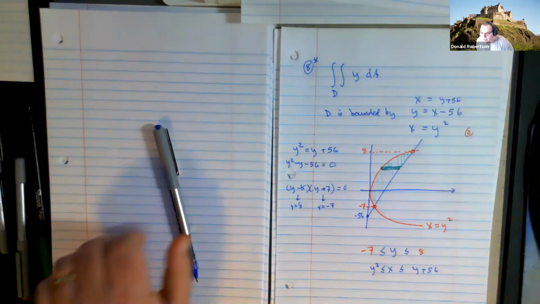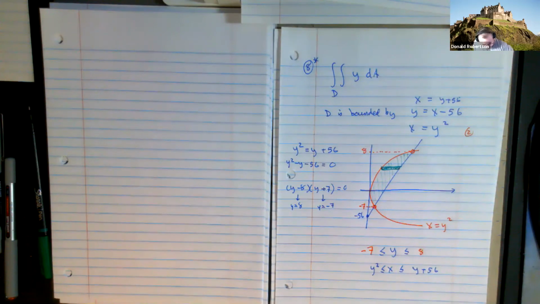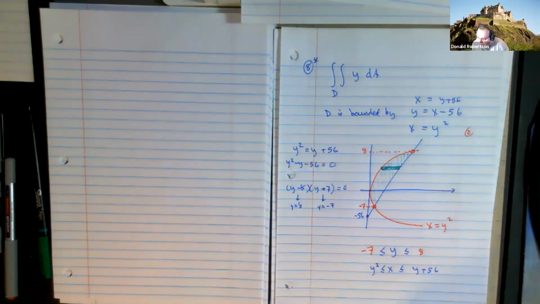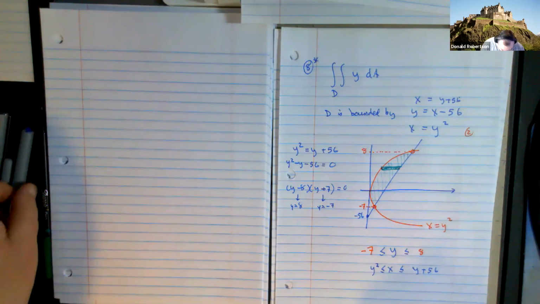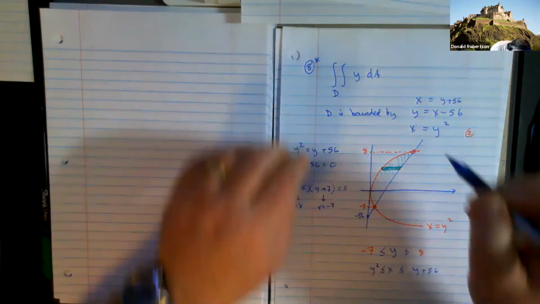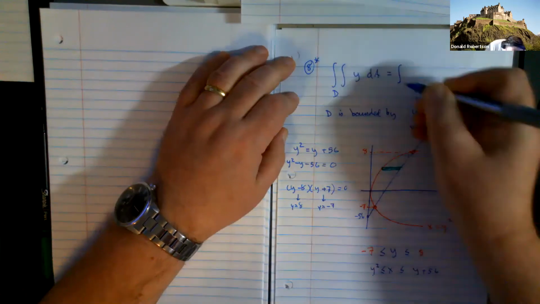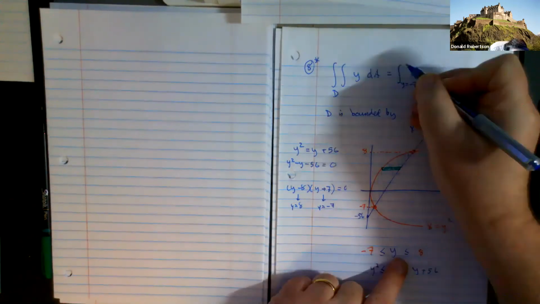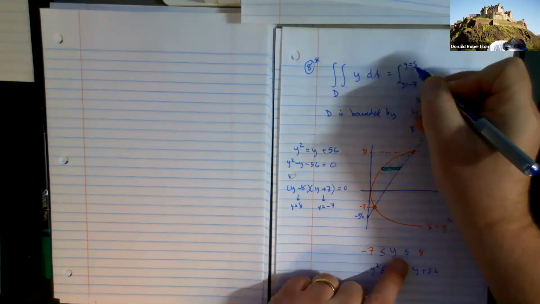Now, if you go to Desmos, won't Desmos tell you the coordinates of these points if you make your window the right shape? So I now have my integral. At least I now have the information I need to set it up. It is going to go from y equals -7 to y equals 8.